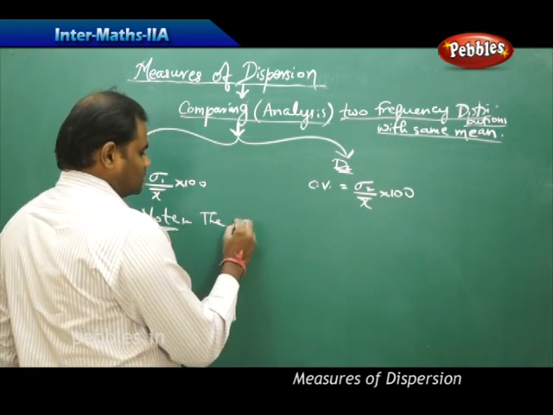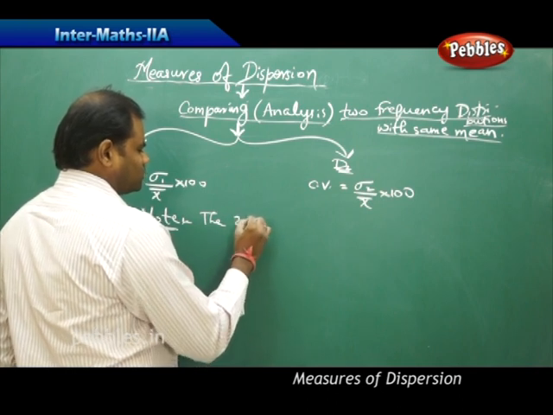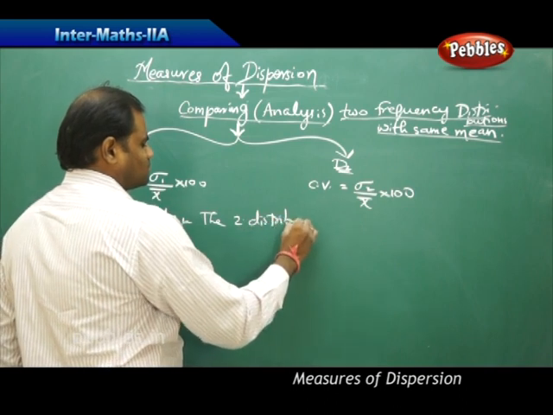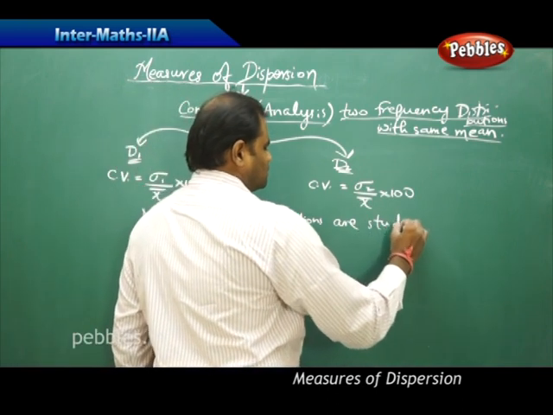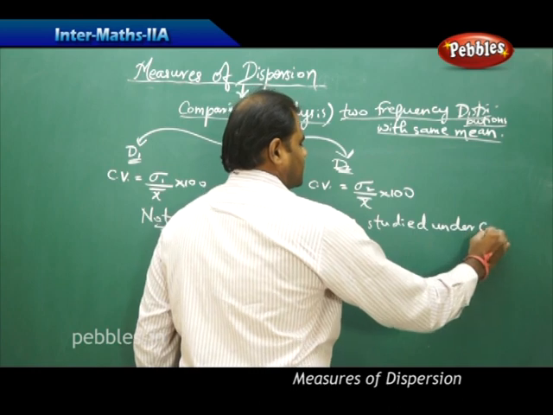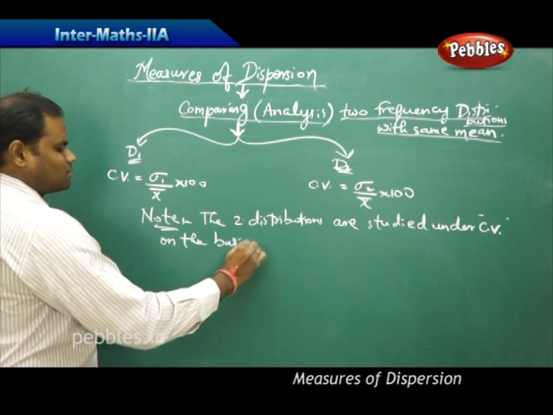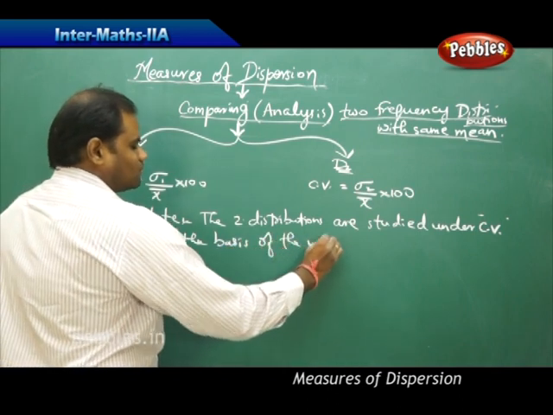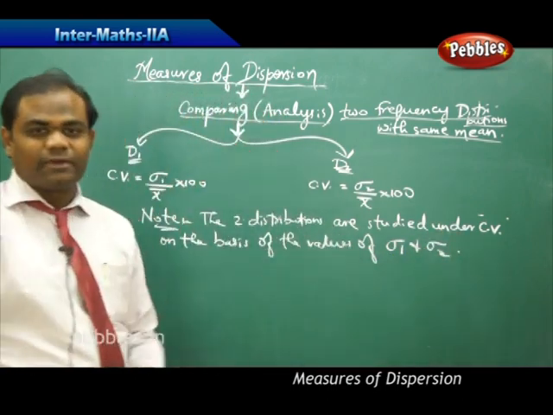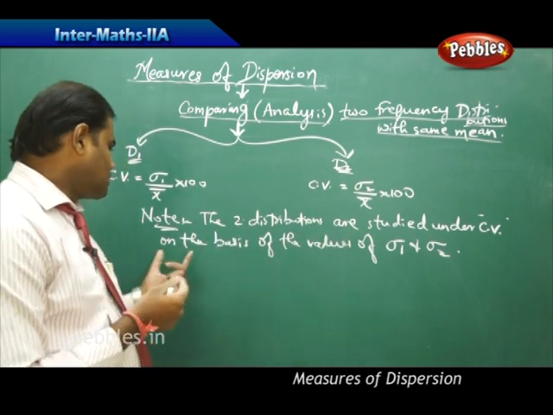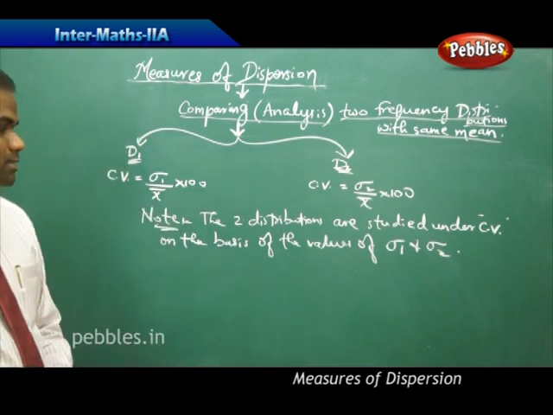So therefore, the two distributions are studied under coefficient of variation on the basis of the values of sigma 1 and sigma 2. Because the mean is fixed, we study the two distributions under the coefficient of variation strictly on the basis of the values of sigma 1 and sigma 2.